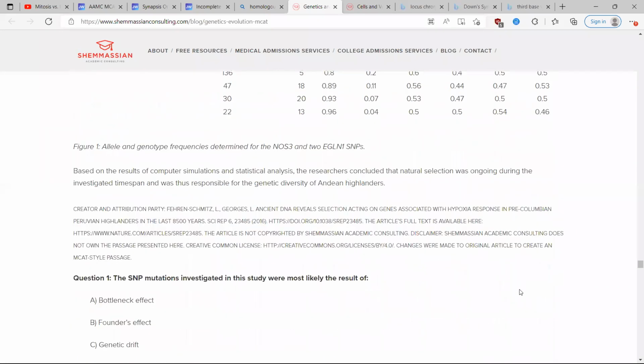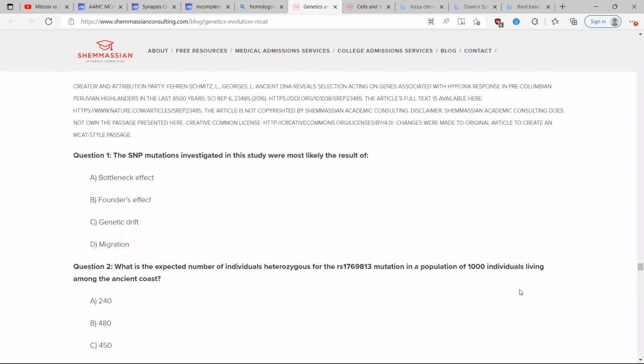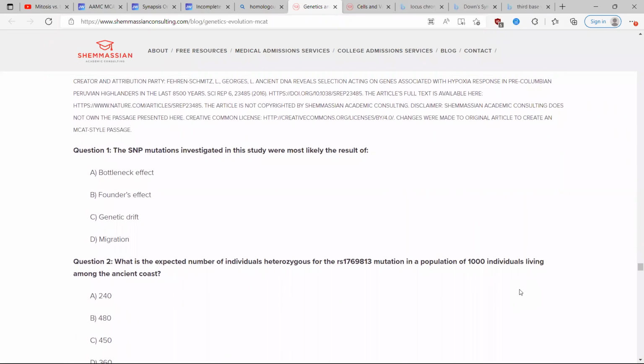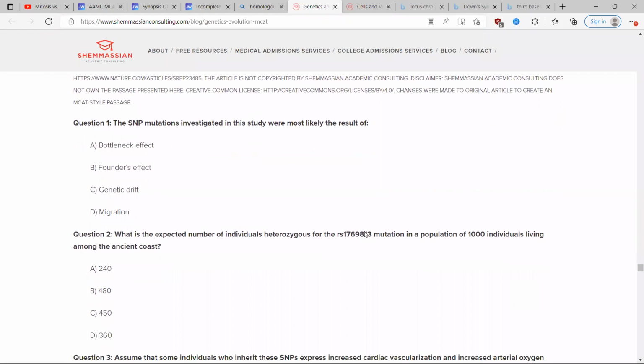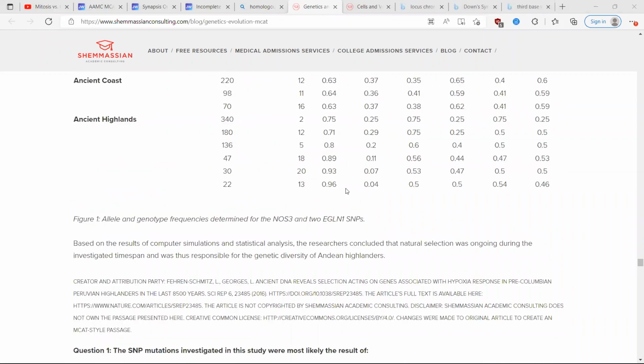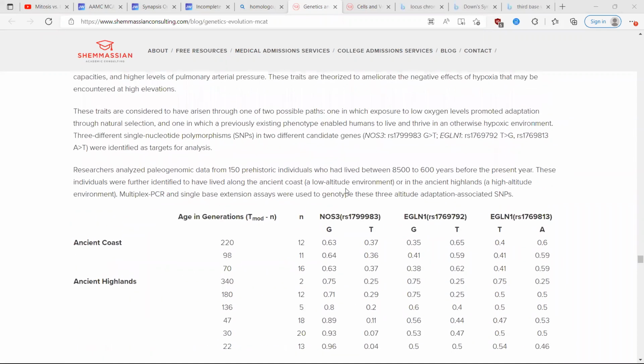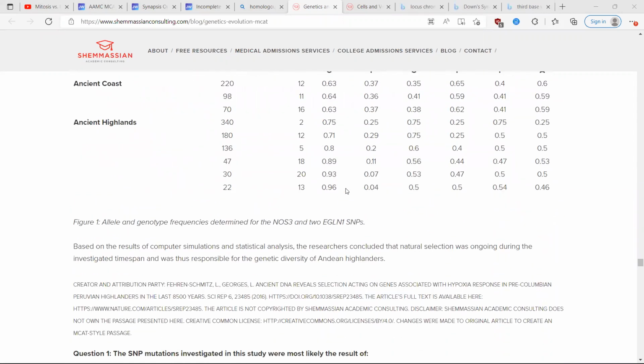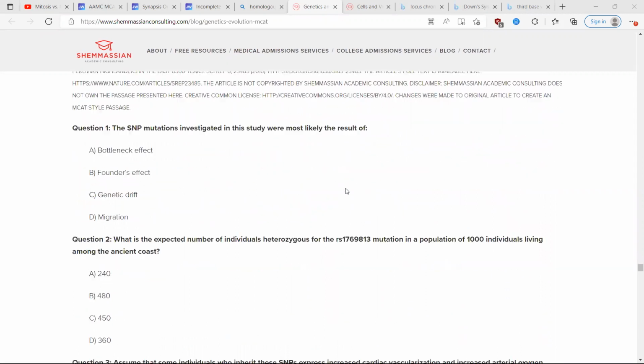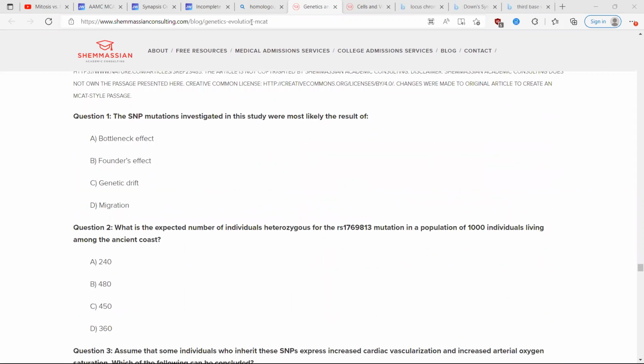And then they said for the mutation in a population of 1,000 individuals. So it doesn't matter what I select as my P or my Q here, because I want the heterozygous anyway. So 0.4 and 0.6. Let's write this out. My first equation, P plus Q equals 1, right? So P is my 0.4 plus my 0.6 equals 1. Okay, that's good.